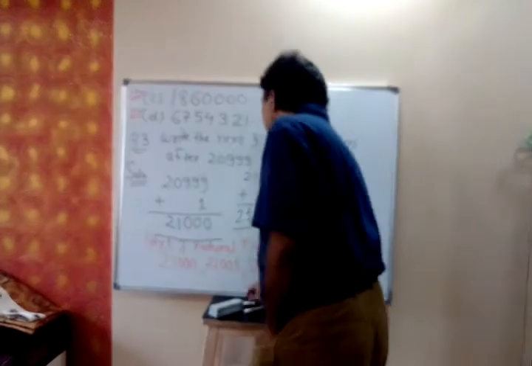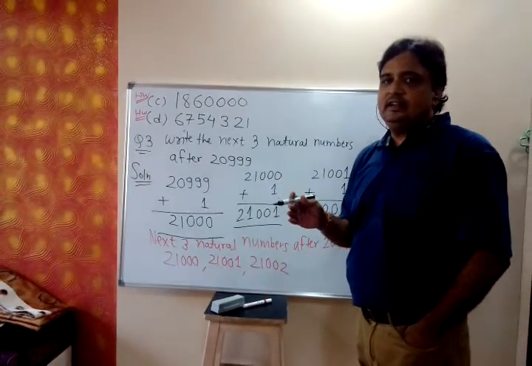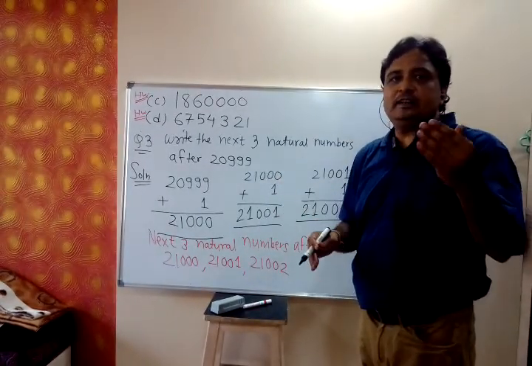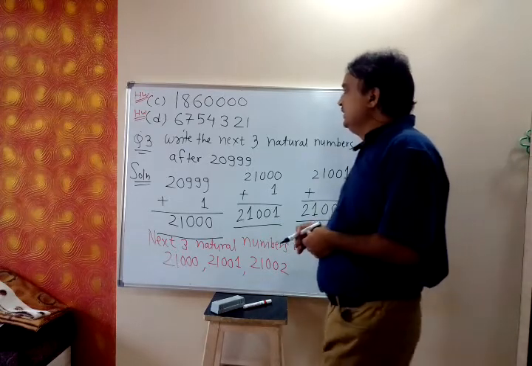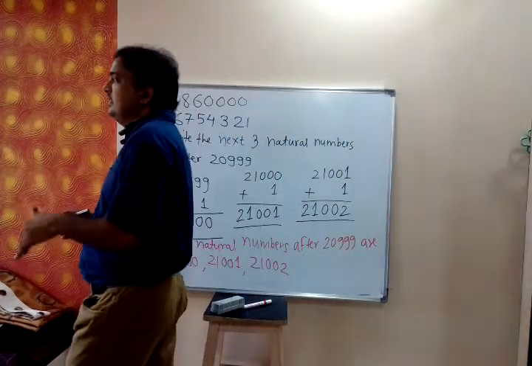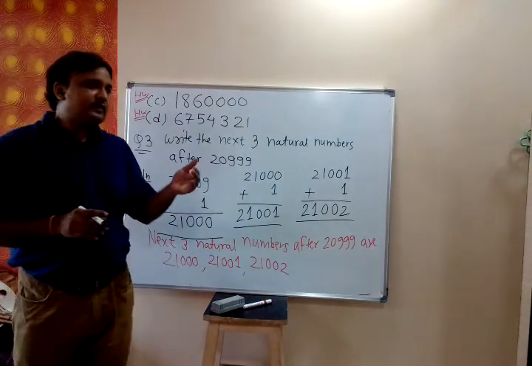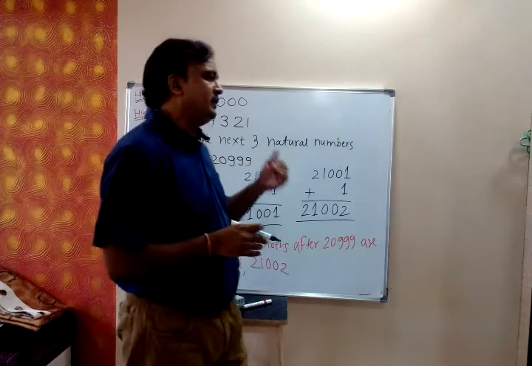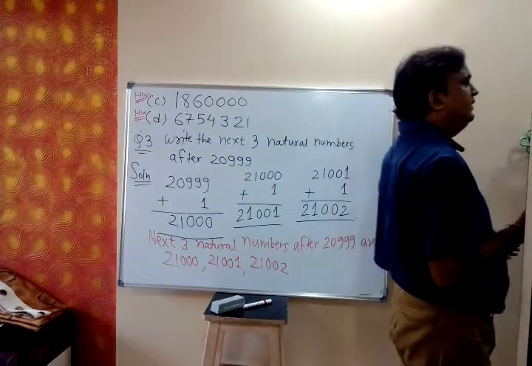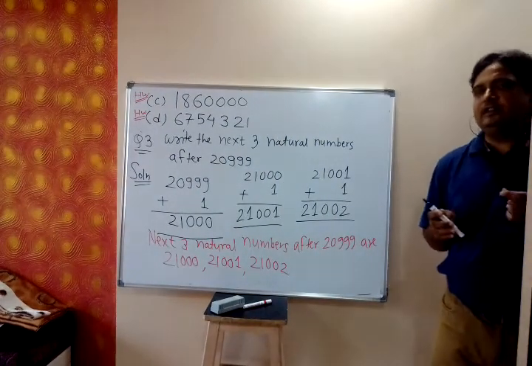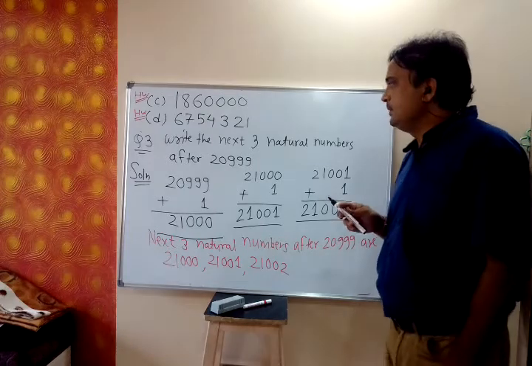So finding the next 3 is the same as finding the next 3 successors. Next means successor, before means predecessor. For successor we add 1, for predecessor we subtract 1 from that number.